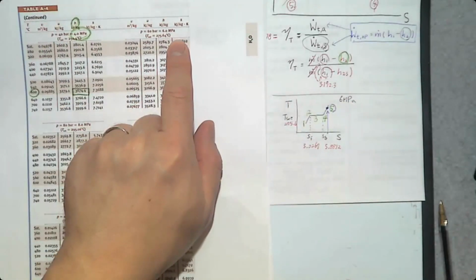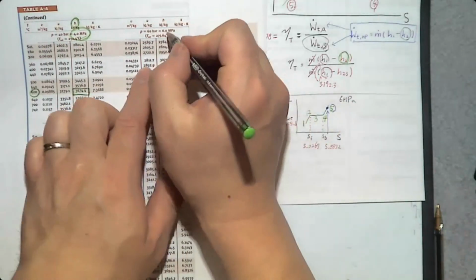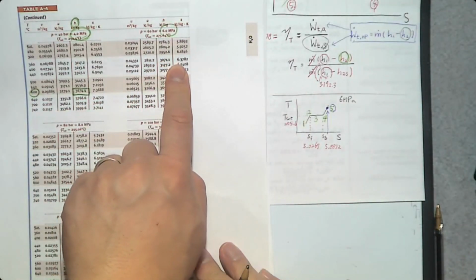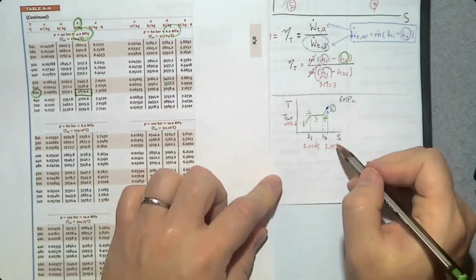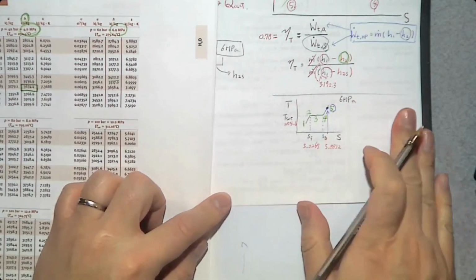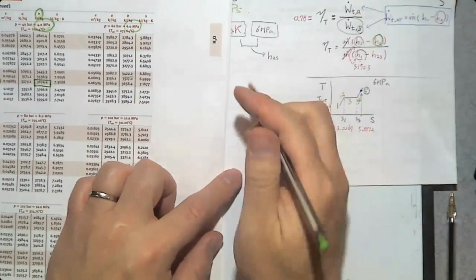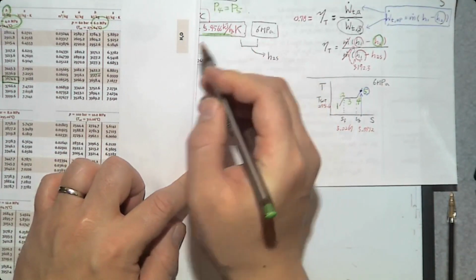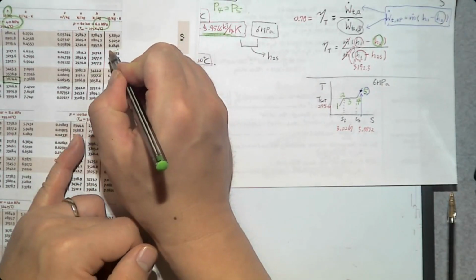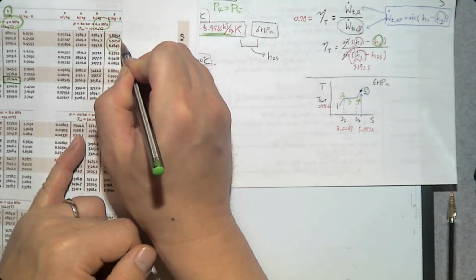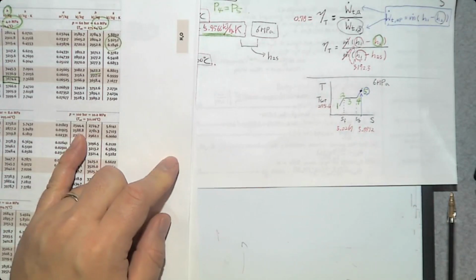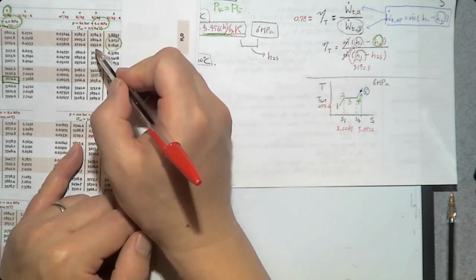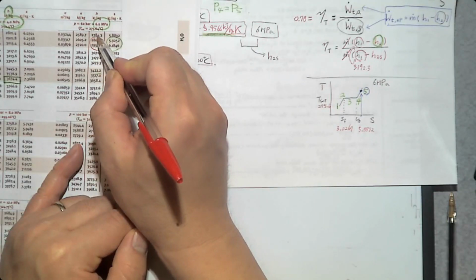So here is 6 megapascal. And the specific entropy is 5.95. 5.95 is between these two values. So the h value at this specific entropy is going to be between these two values.